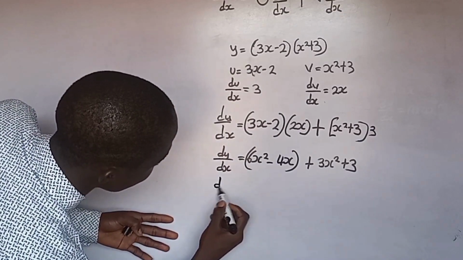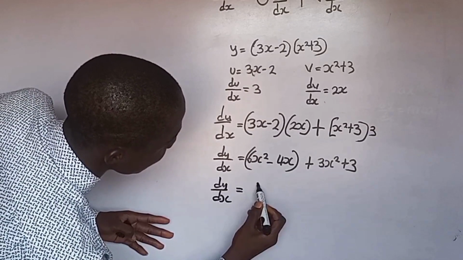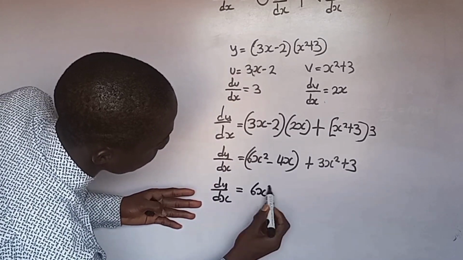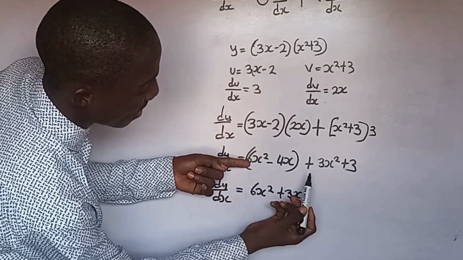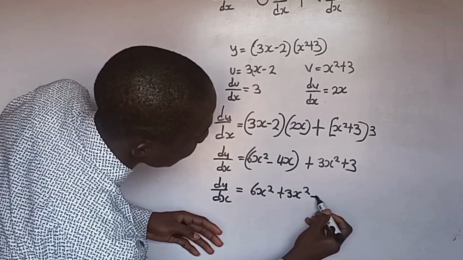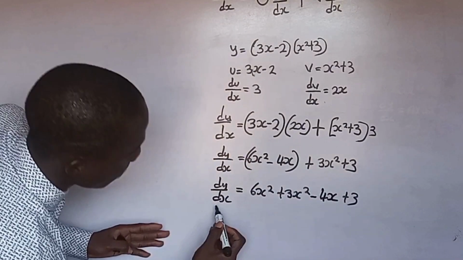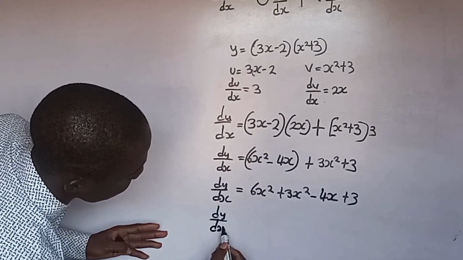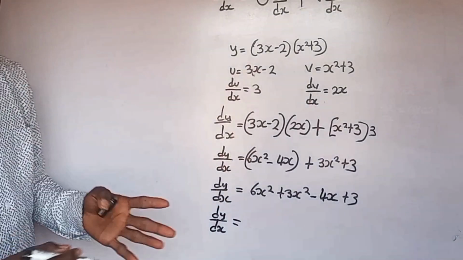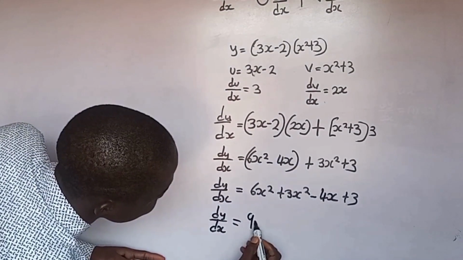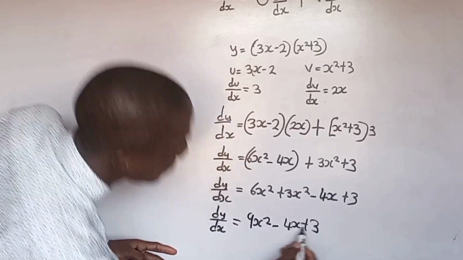Now let us proceed. dy over dx is equal to 6x squared plus 3x squared minus 4x plus 3. dy over dx is equal to 6x squared plus 3x squared, that is 9x squared. So I'm going to have 9x squared in this place, minus 4x plus 3.